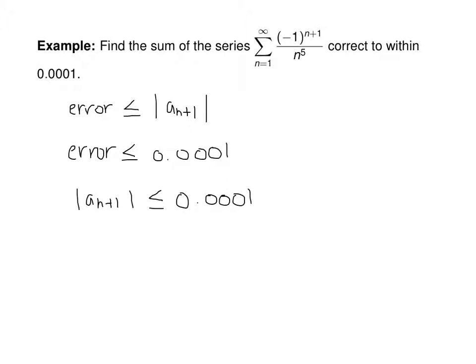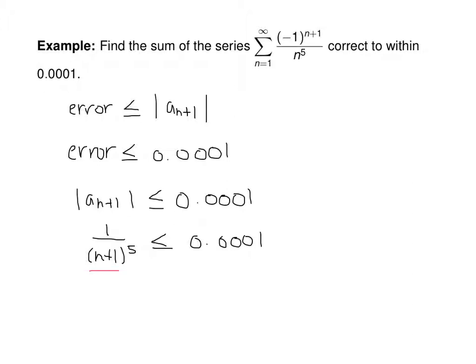Now, plugging in n plus 1 gives us 1 over n plus 1 to the 5th less than or equal to 0.0001. The best way to figure out the first n that works is just to test various n's.